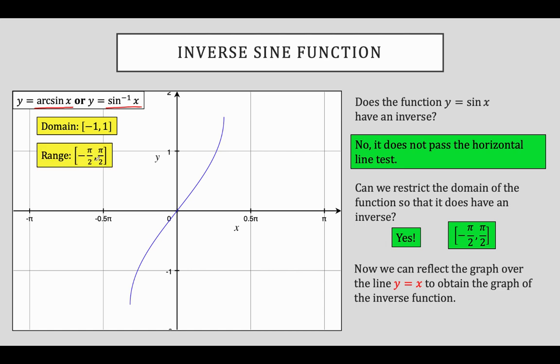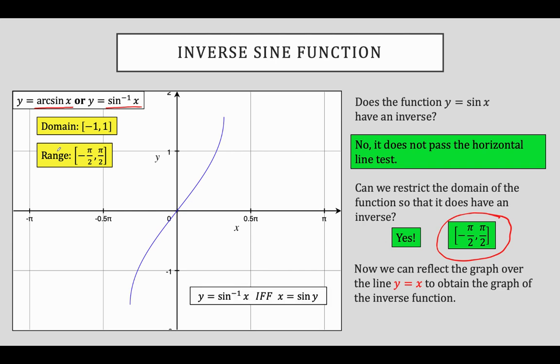The range of inverse sine is from -pi/2 to pi/2, and that corresponds to our restricted domain, the domain where we restricted our sine function, -pi/2 to pi/2. So the domain of sine becomes the range of inverse sine.